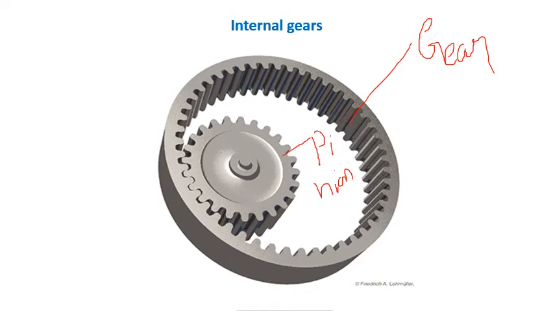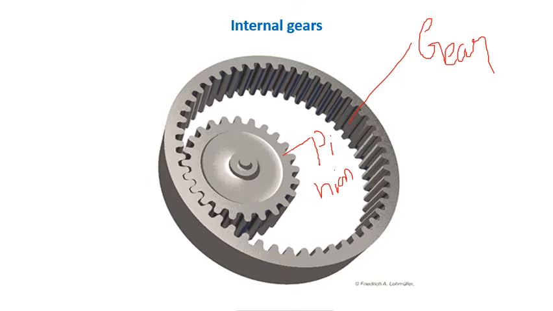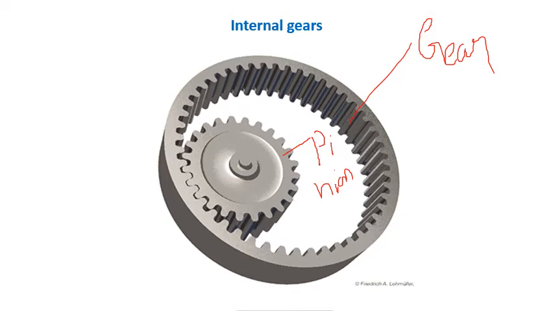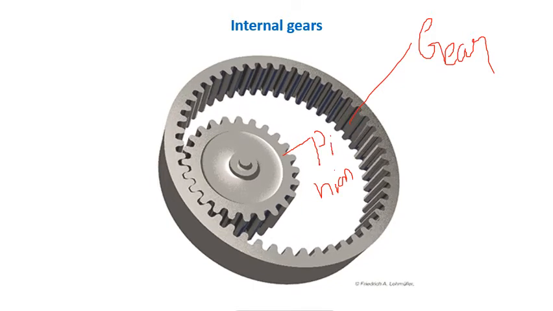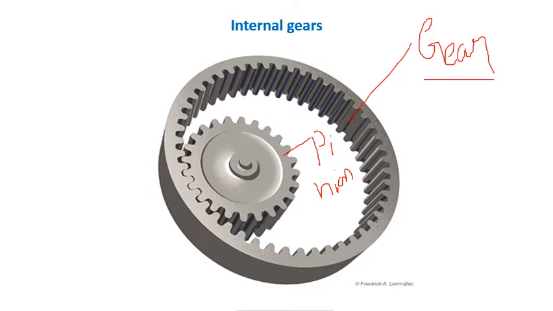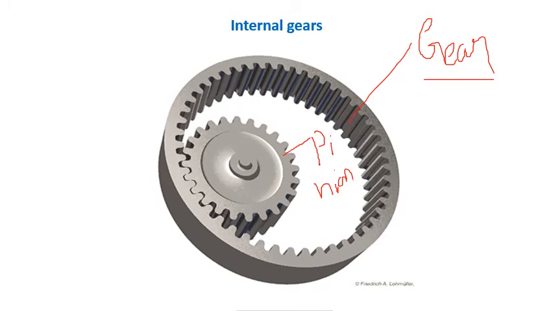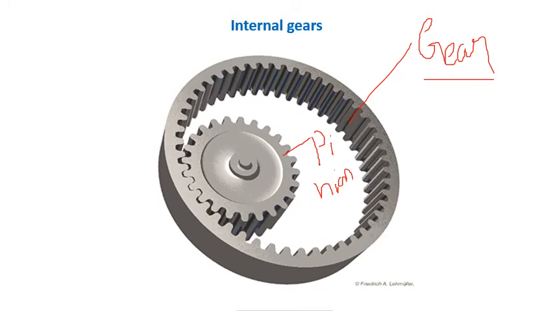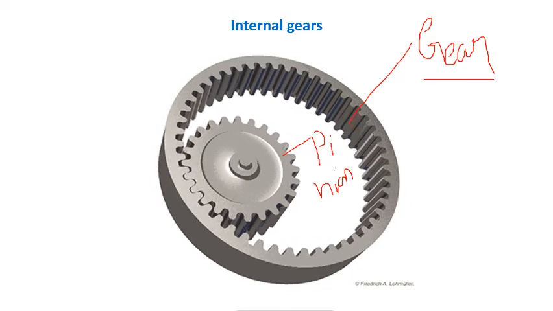And this is a spur gear, which is a pinion, whereas this is also a spur gear which acts as a gear. Okay, and it is having internal teeth, whereas the other is having external teeth.